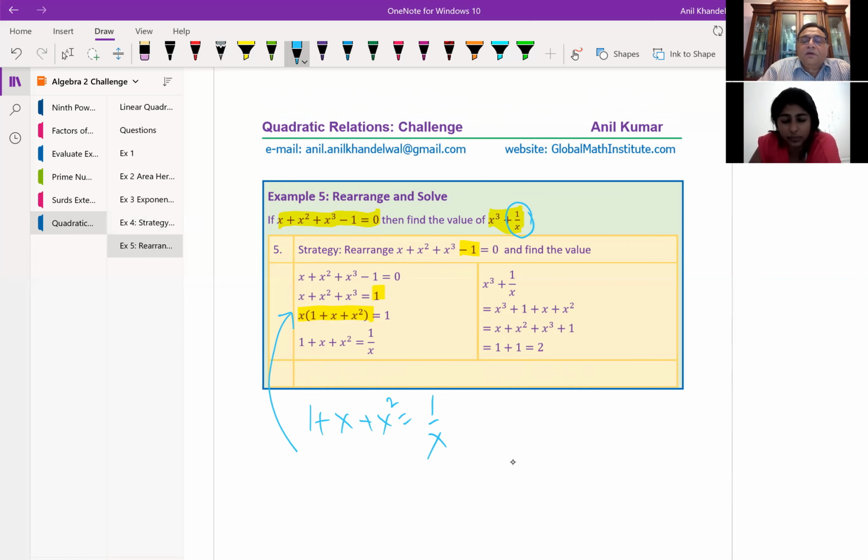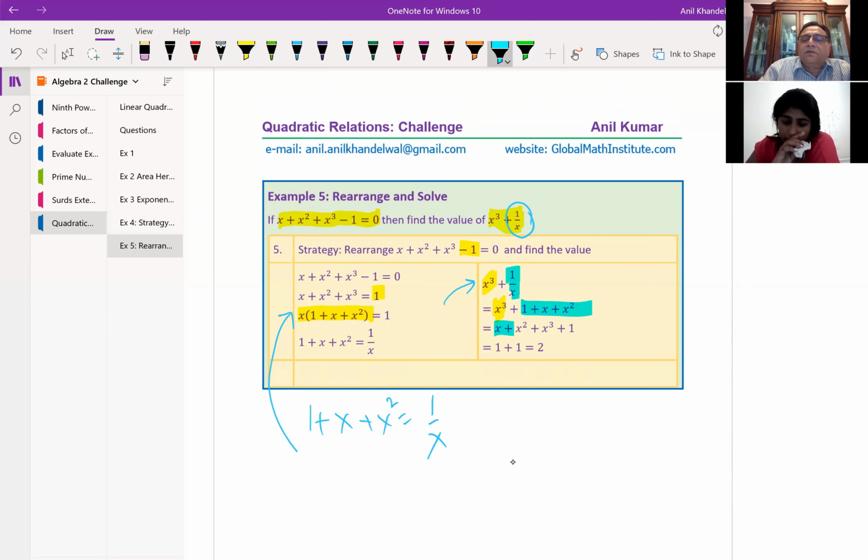And once I do that, luckily, the question is designed in such a way. When I write x cubed plus 1 over x, I'm maintaining x cubed as such. I didn't change x cubed. You see, this x cubed is the same as that x cubed, correct? However, for 1 over x, I wrote the trinomial 1 plus x squared.